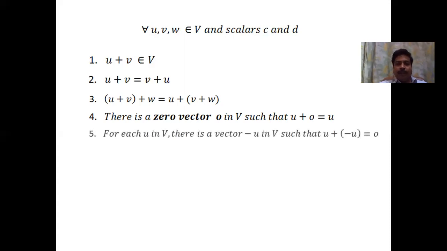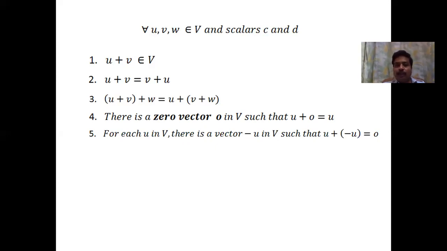Now the fifth property is the additive inverse. For each vector U in V, there is a vector minus U in V such that U plus minus U is equal to O. O is my 0. So minus U is a vector which takes your vector U to the 0 vector. So it is a neutralizer, I think.